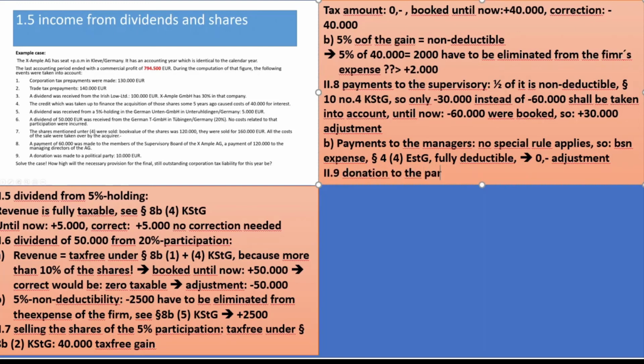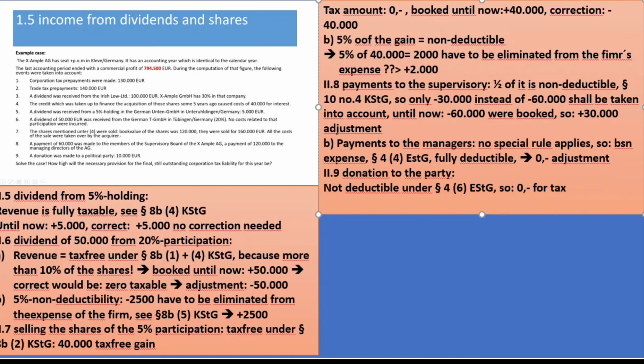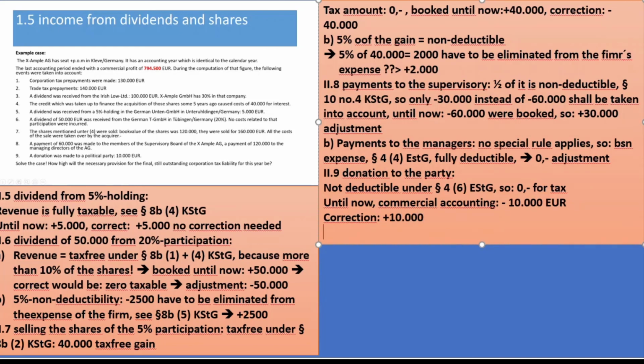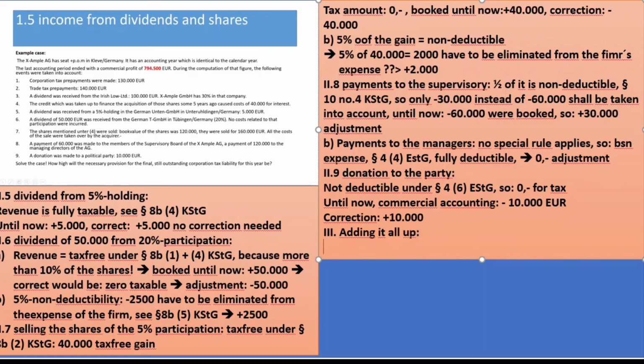Donation to the party, not deductible under no circumstances under 4.6 KStG, so 0 for tax. Until now, commercial accounting, there you have naturally accounted for the money by booking it as expense, so correction plus 10,000. And now number 3, adding it all up and calculating the tax.